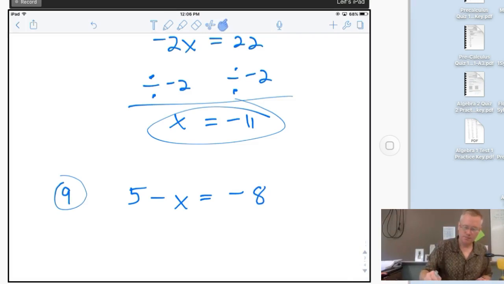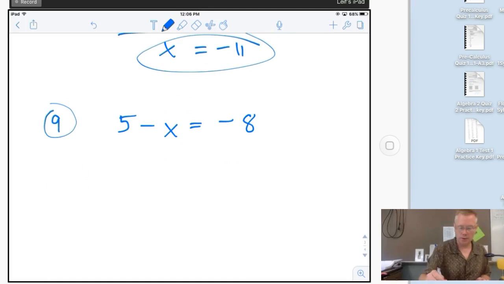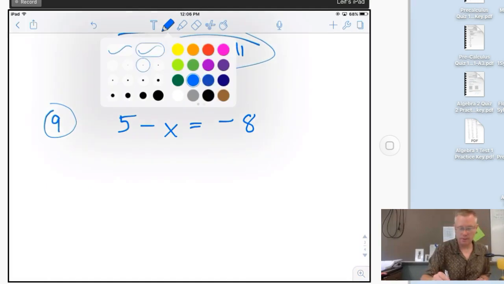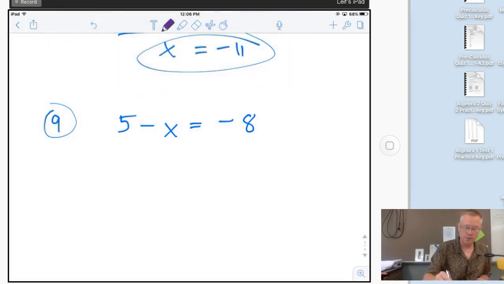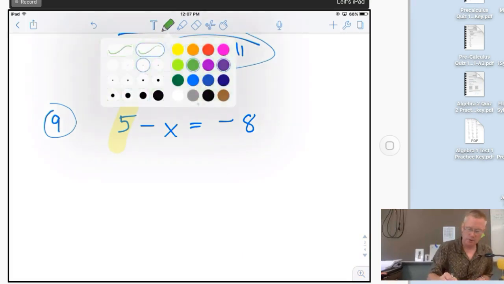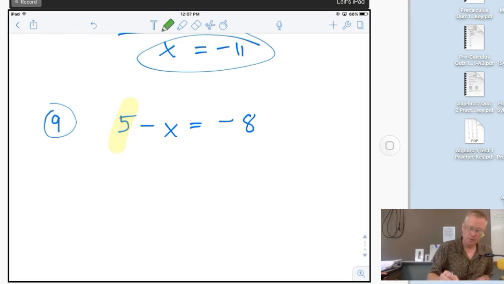Okay, this one. So, in order to start, I need to get rid of the 5, okay? So, believe it or not, this is actually a positive 5. It's the x that's negative. If you ever get stuck on that, feel free to rewrite this as a negative x. This is the same as 5 plus negative x equals negative 8.